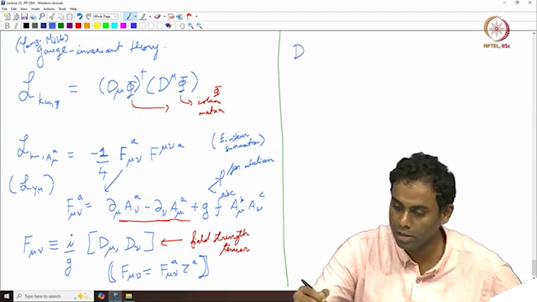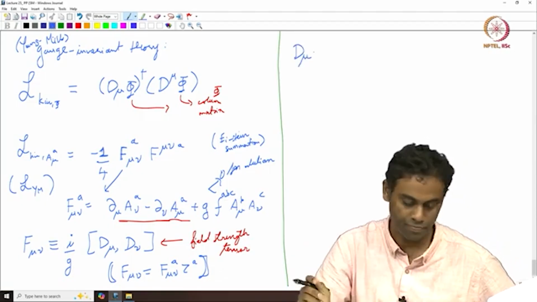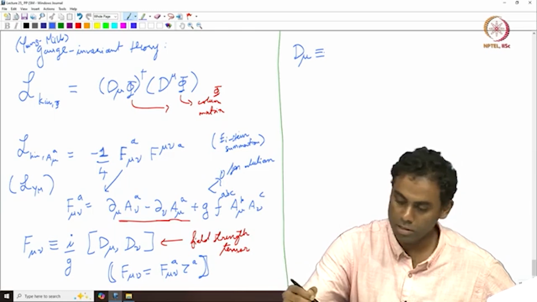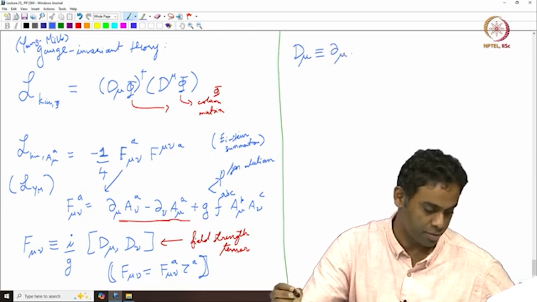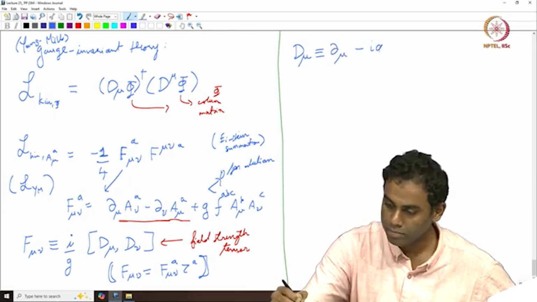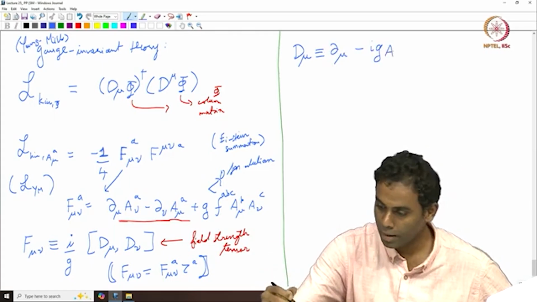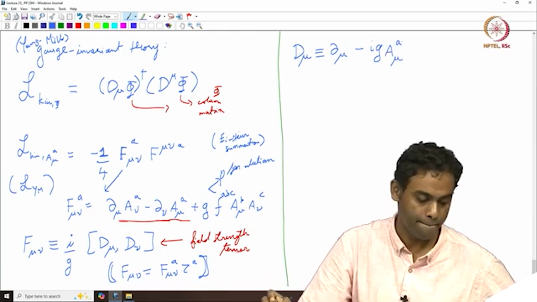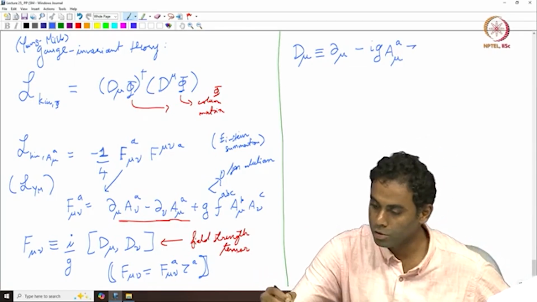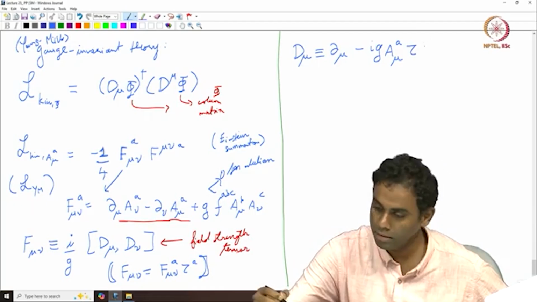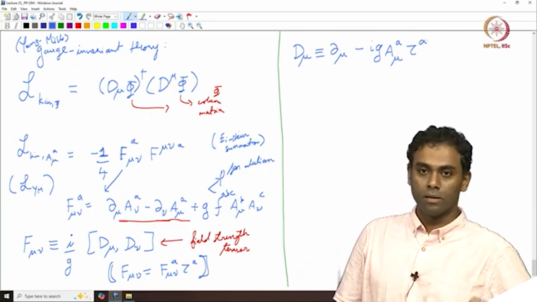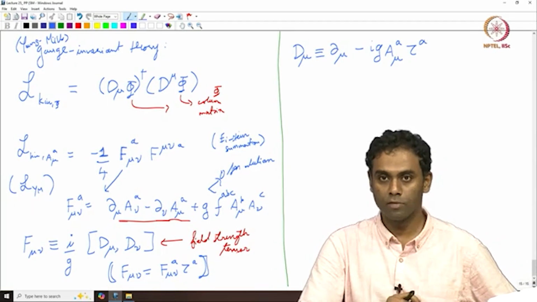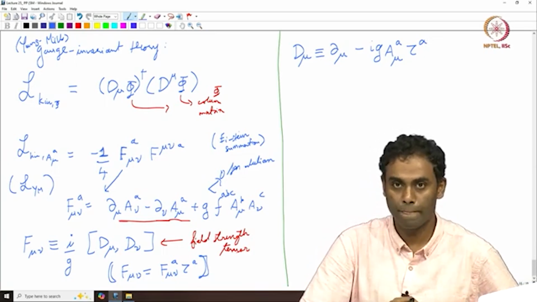The covariant derivative here for non-abelian cases looks exactly the same as before, except I wouldn't just put an A mu, I would also once again contract the indices of the generators.